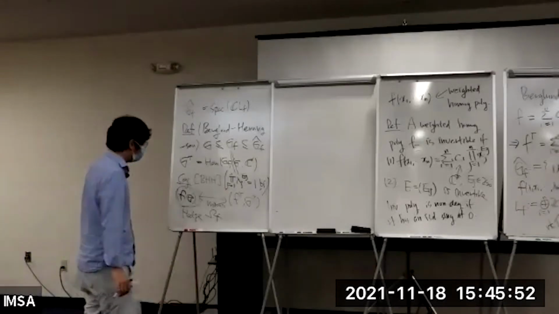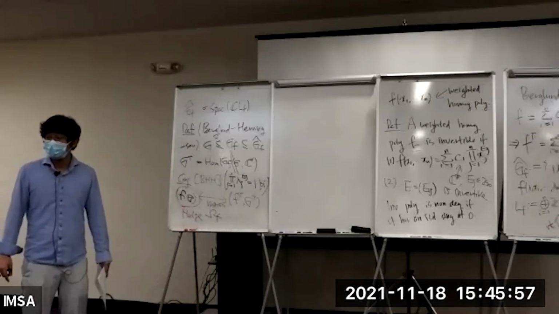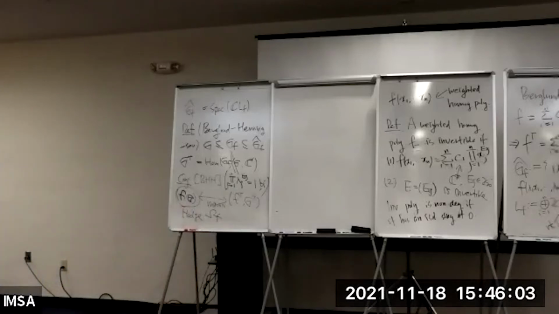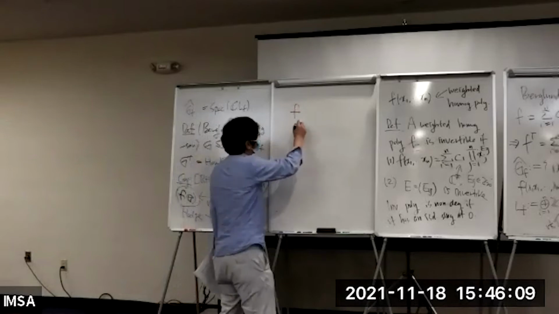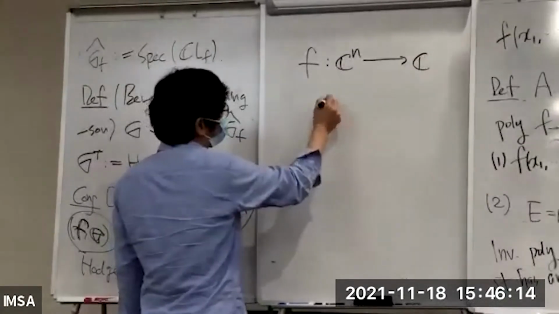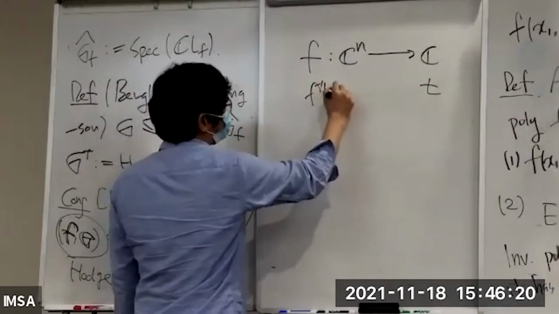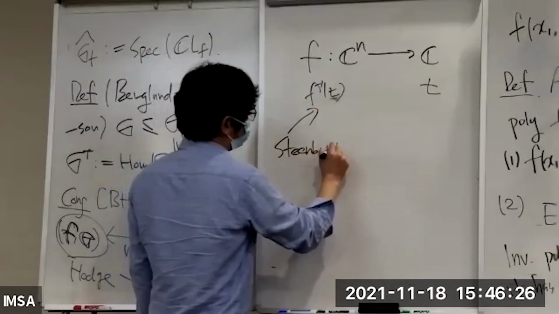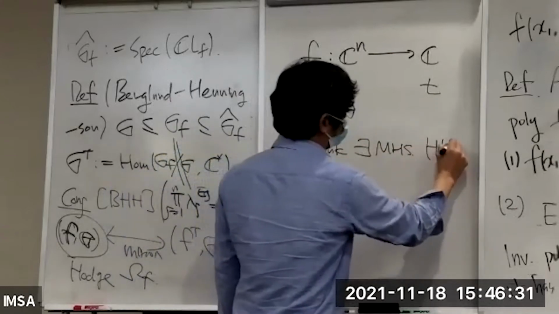How can I say? In Joseph's talk, I have a polynomial with isolated singularities, and if I have a middle fiber, then Steenbrink proved that there is a mixed Hodge structure on the homology of this middle fiber.